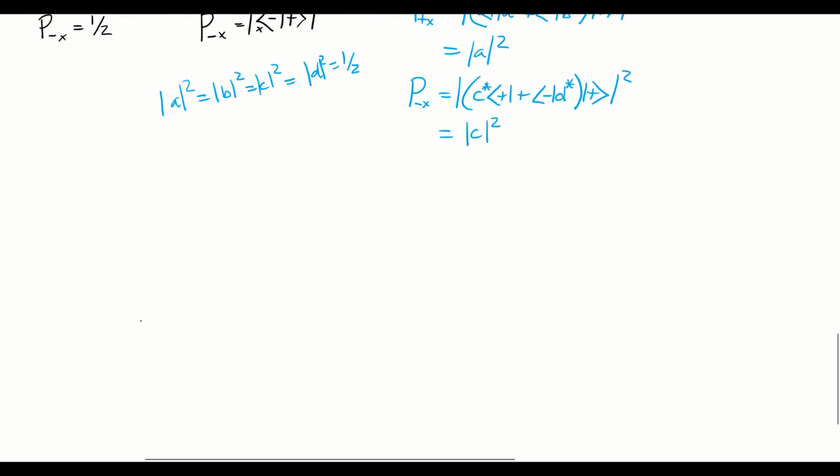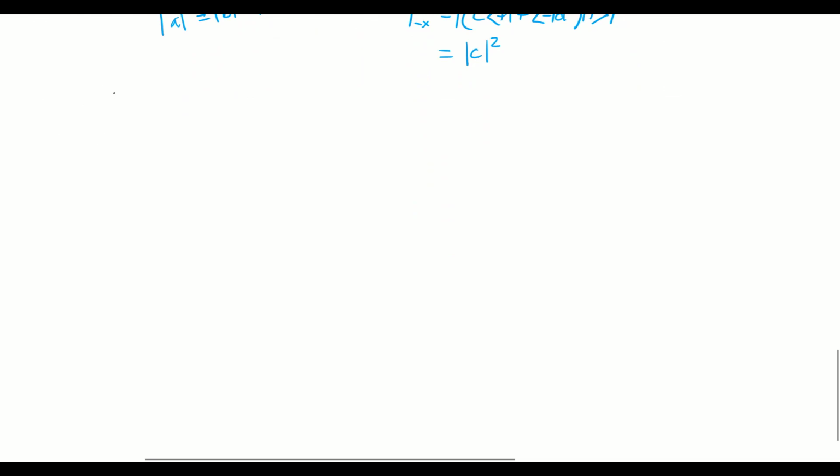We know that a squared, or any of those coefficients, is 1/2, or the magnitude of a is equal to 1 over root 2. Now a, b, c, and d are all complex numbers. And if you recall, any complex number z can be written as some magnitude times e to the i and some phase, right? So what we've just shown is that the magnitude of all of those coefficients is 1 over root 2, but we still know nothing of the phase.